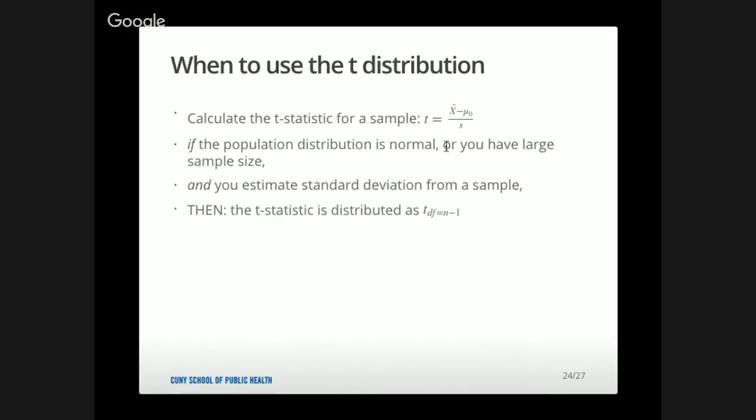Because you remember from the central limit theorem, the standard error was sigma, the population standard deviation over square root of n, but we don't have sigma in this case. We only have this s that is an estimate from our sample. That is the key attribute of when you use the t distribution as opposed to a normal distribution from the central limit theorem. It's when you're estimating the standard deviation from your sample.